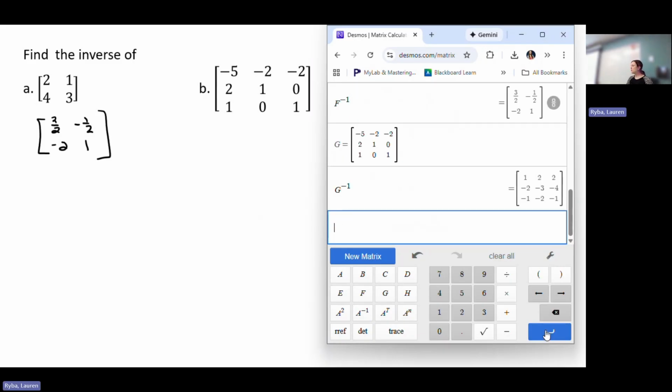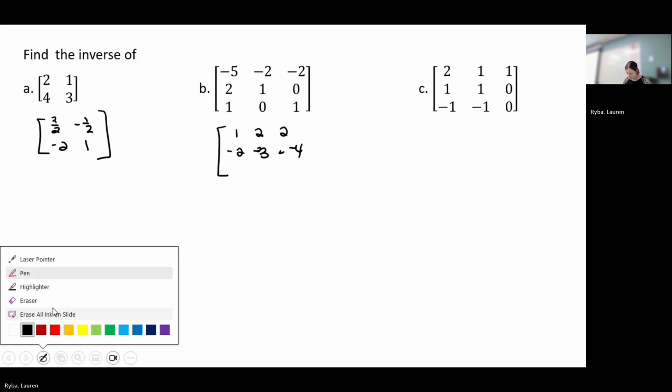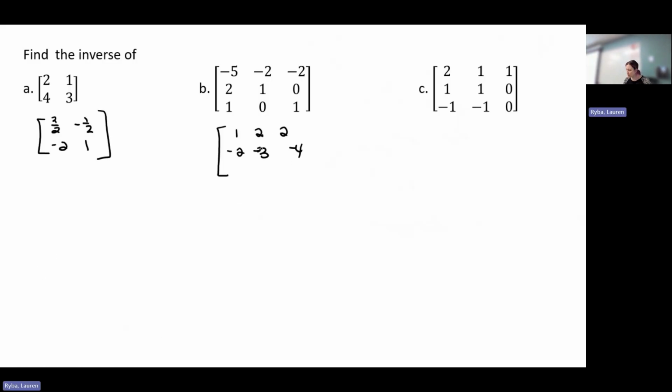It gives me an answer. So this is the inverse of G: 1, 2, 2, -2, -3, -4, -1, -2, -1 is what it was.